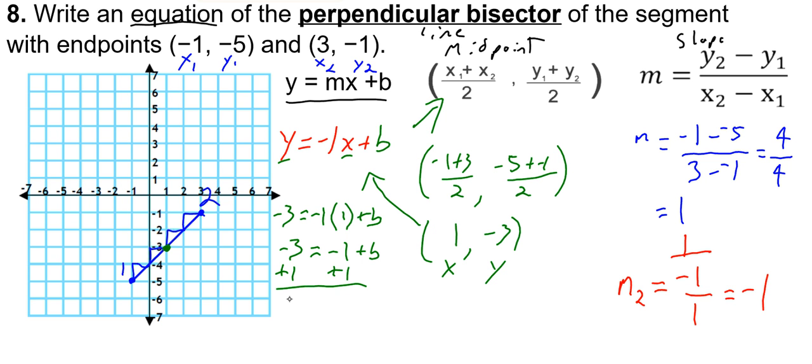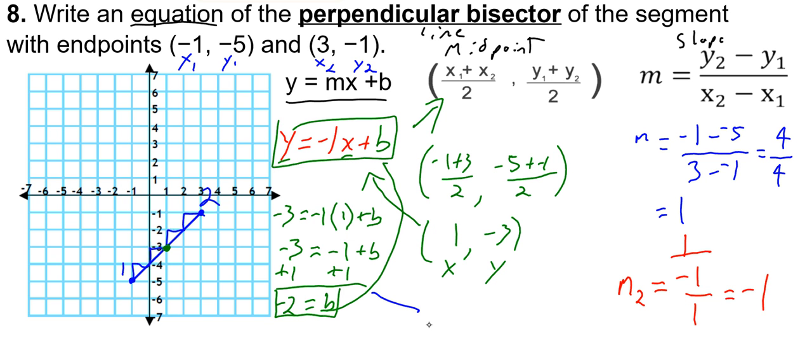And I get -2 equals b. So now that I have that, I insert it into this equation here, and I get my final equation. So I get y equals, my slope is -1 x, and my b value is -2, which is my y-intercept.